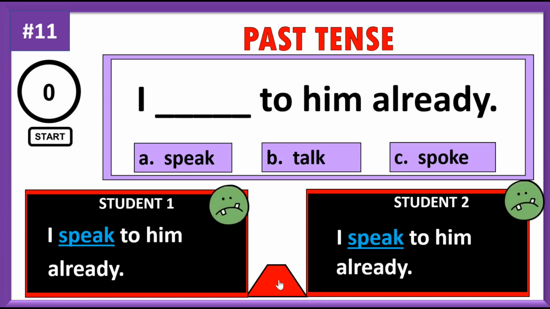Are they correct, guys? Remember, you're the judge. Oh no, they are incorrect. Now you guys should tell me the answer. Guys, put it in the comments. What is the answer for question 11? The answer is what? Spoke. I spoke to him already.